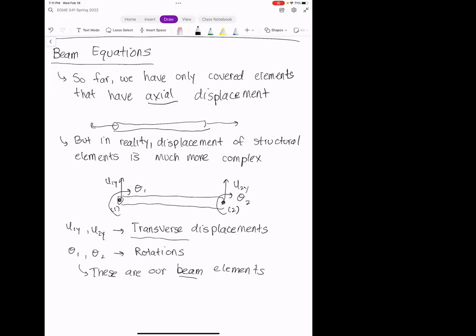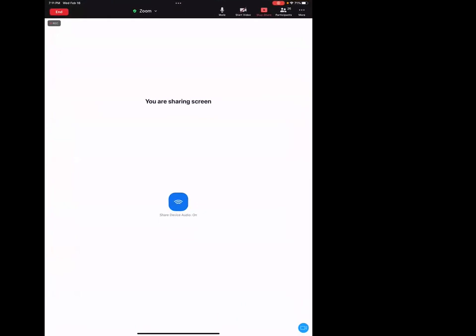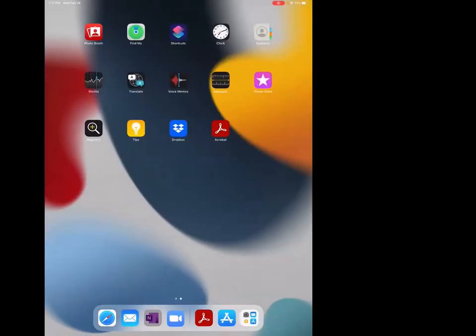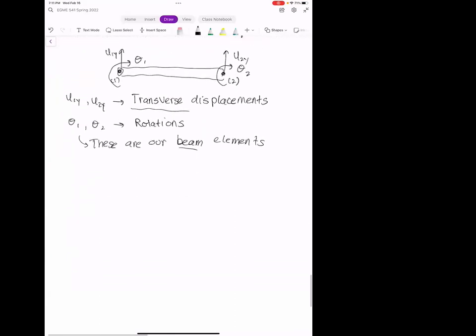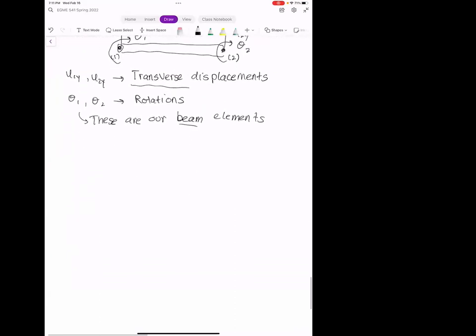Let me check the Zoom. Sorry, people here. No questions on Zoom. These are beam elements, and our first order of business, in order to solve these with our direct stiffness method, is to compute the element stiffness matrix.